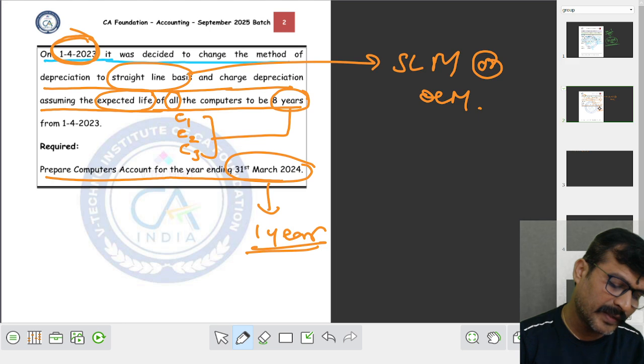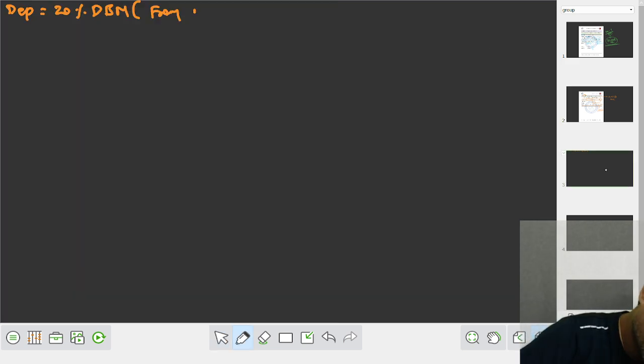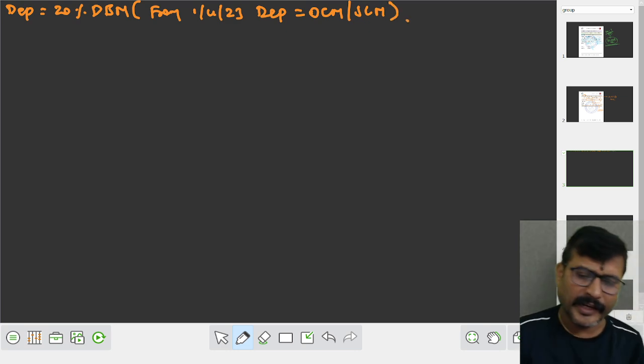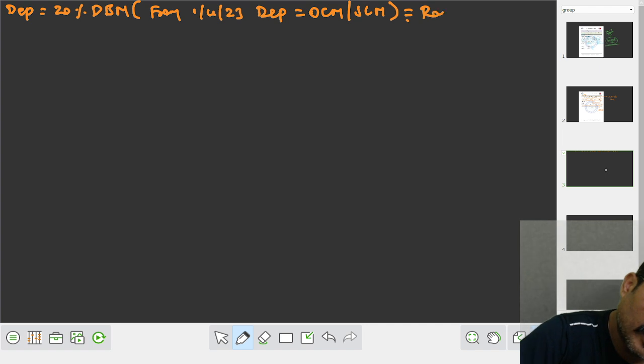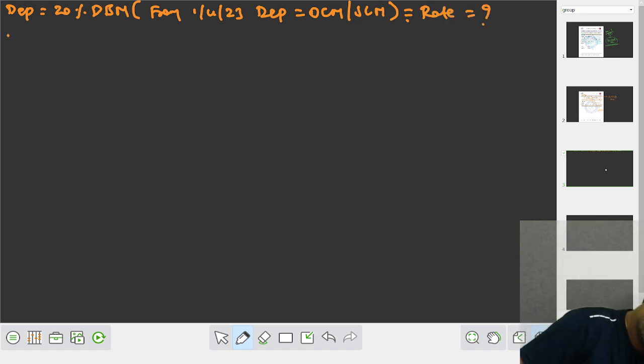From 1st April 23, it was decided to change the depreciation. Depreciation is equal to OCM or straight line method. Are you given the rate of depreciation? No. Rate of depreciation is not given. Fine.